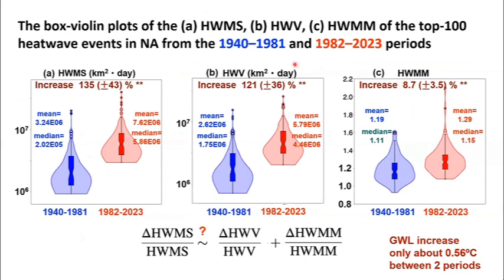If you look at the total integrated effect, how much it changes between these two periods, using box plots like this, the increase in the mean is about 135%. And you can separate it, as I said, into volume and intensity.